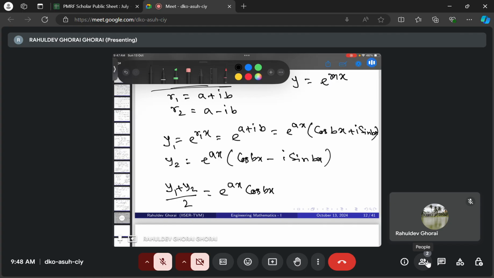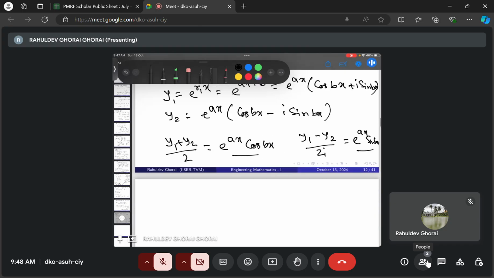So (y1 + y2)/2 is also a solution, and (y1 - y2)/2i will also be a solution, e^(ax) sin bx. And you can check that they are also linearly independent.